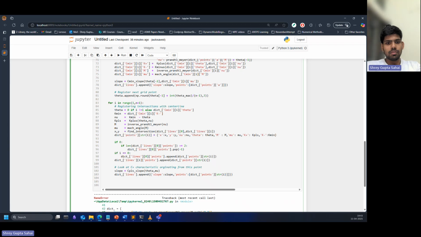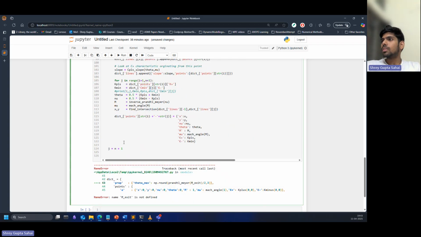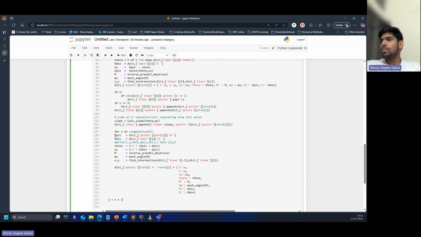So for that purpose, we write an inner loop of this manner. Very simple, nothing very fancy. We write a simple for loop.